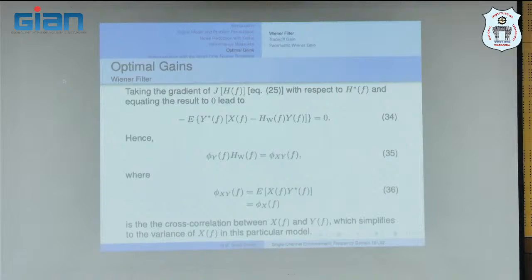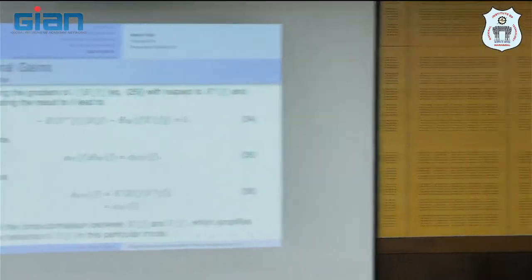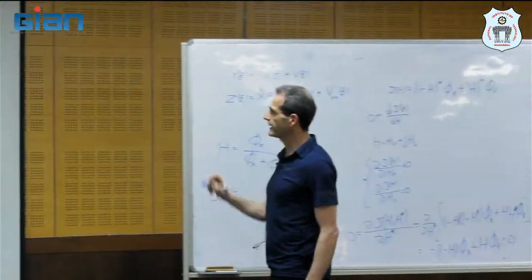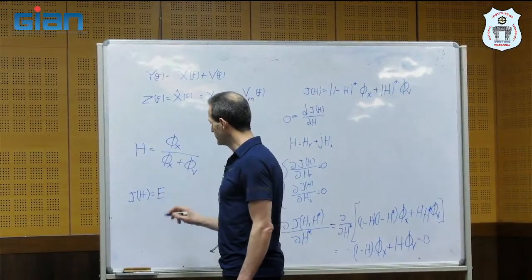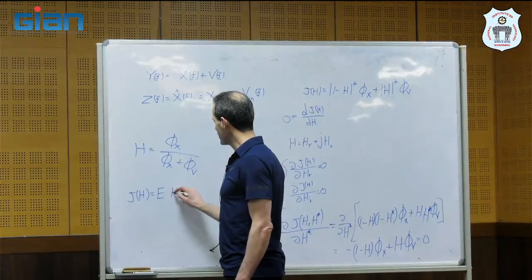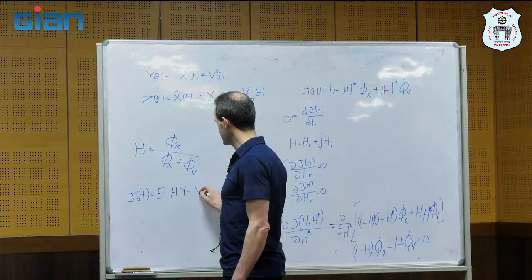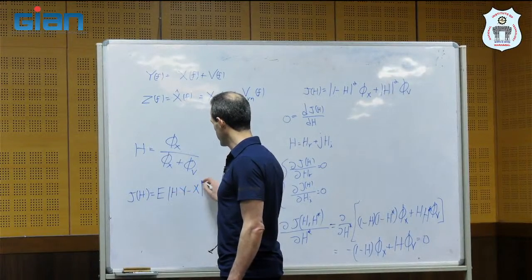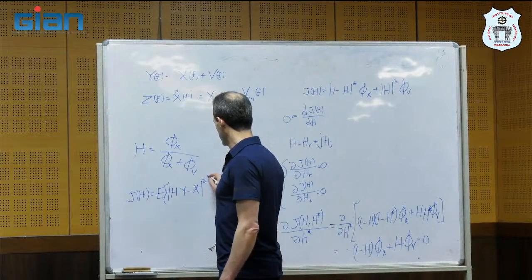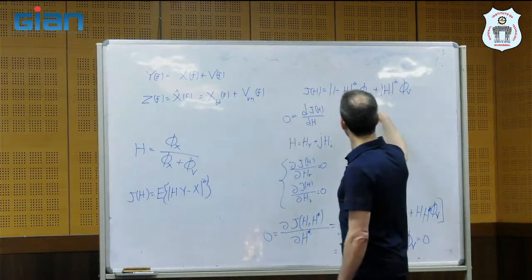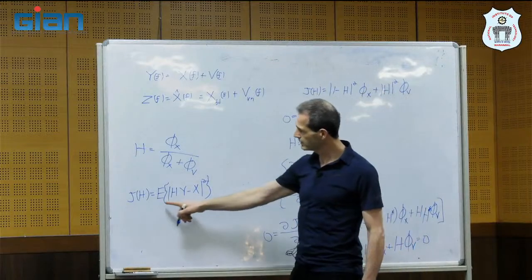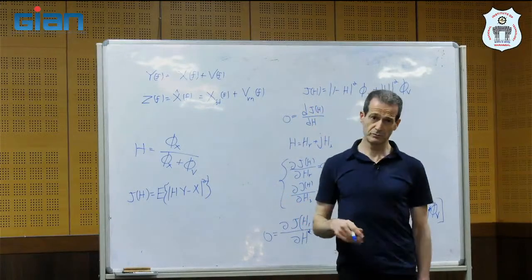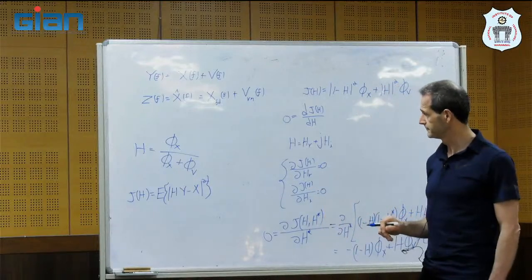Instead of this, what is the mean squared error, J(H)? We can say that J(H) is the expectation of the error magnitude squared, |HY - X|^2. Here we found it as a function of the variance of X and the variance of V, but we can work directly from the definition. Also, it's fine.